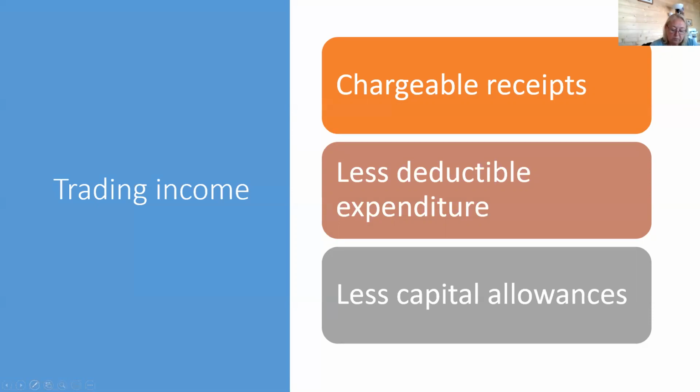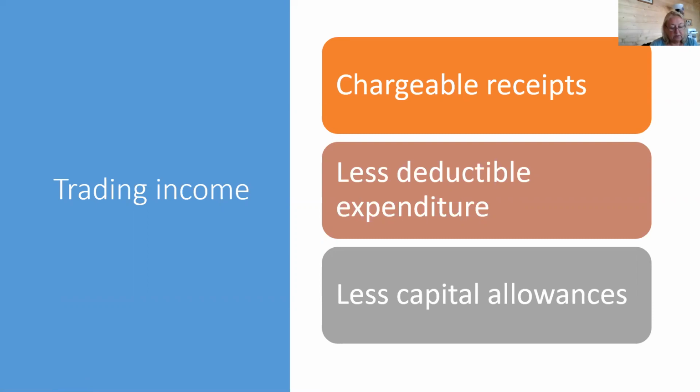So those chargeable receipts are of an income nature. So the money that's coming in from selling whatever it is that that business does, whether it's a solicitor which sells effectively solicitors' time, you know, their profit costs, or whether you're selling goods to your customers. So all of those chargeable receipts are all of that money that the business has actually made from its trade.